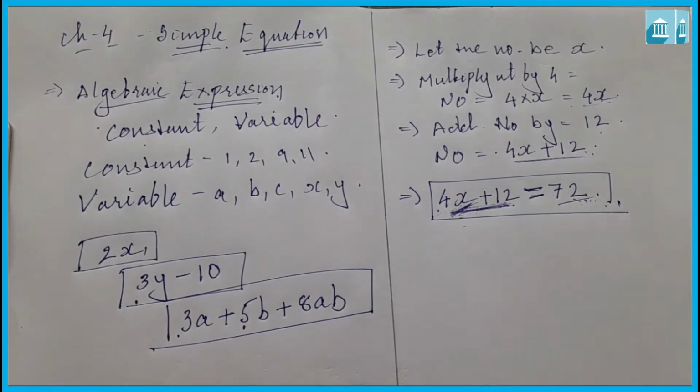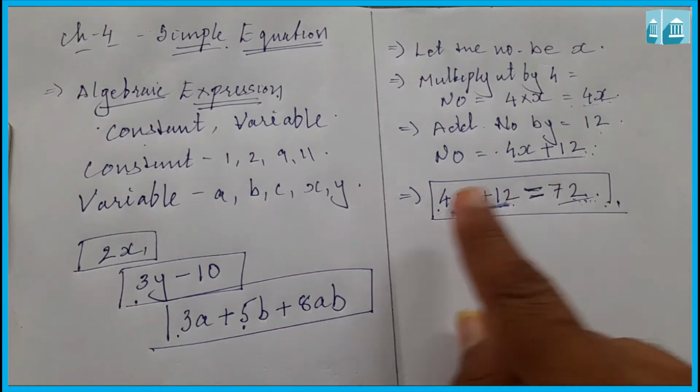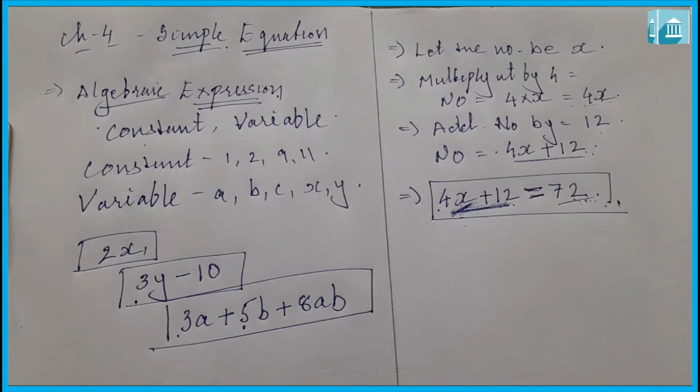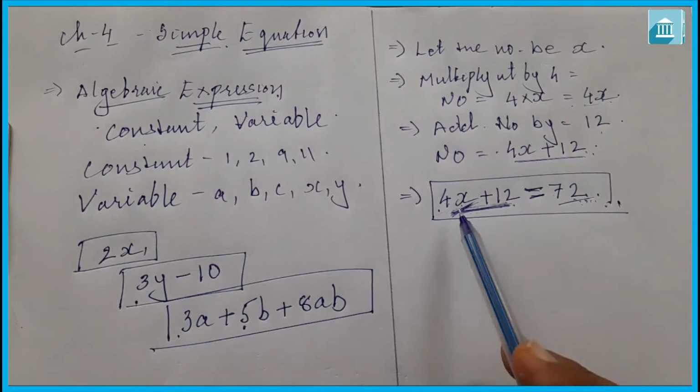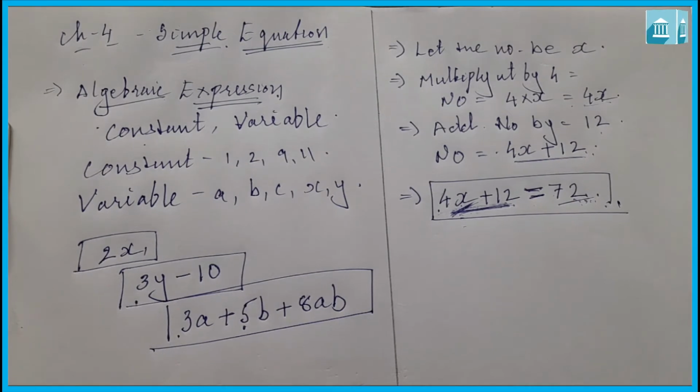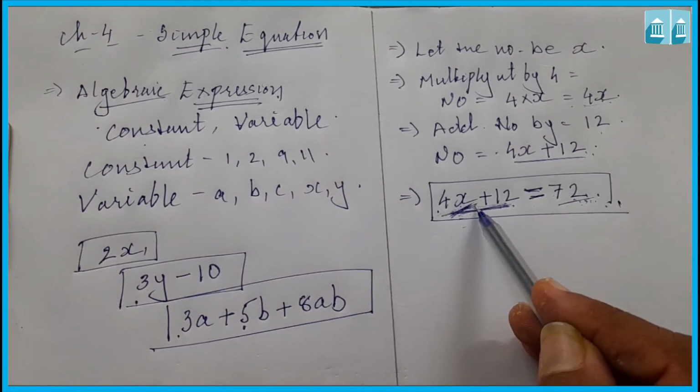So an equation is a condition on a variable, the two expressions should have an equal to sign between them, and at least one of the expressions should have a variable.